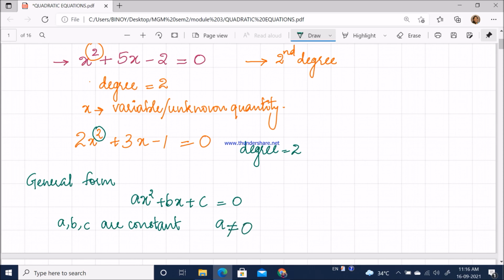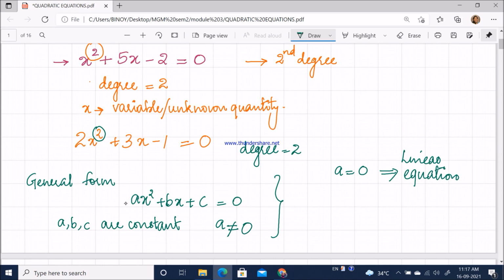There should be a condition, in order to be a quadratic equation, that a is not equal to 0. If a is equal to 0, then that equation is called a linear equation.